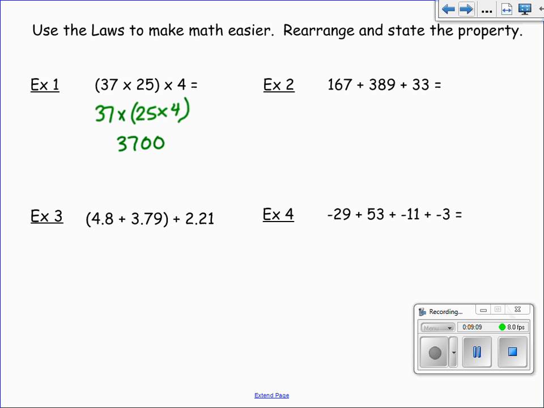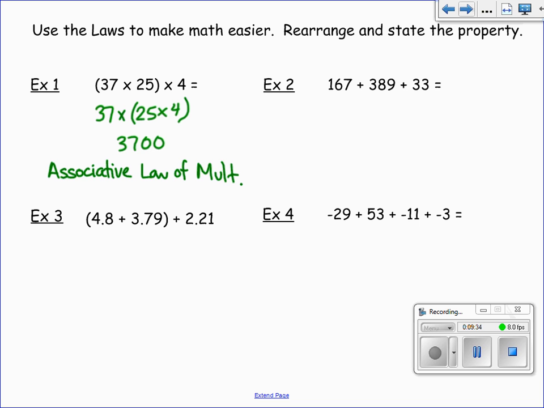Easily to get 3,700. Now, what property did Luke use? What property did Luke use? Caitlin? Associative law. Associative. Very good. Of addition or multiplication, Caitlin? Multiplication. Good. Associative law of multiplication.